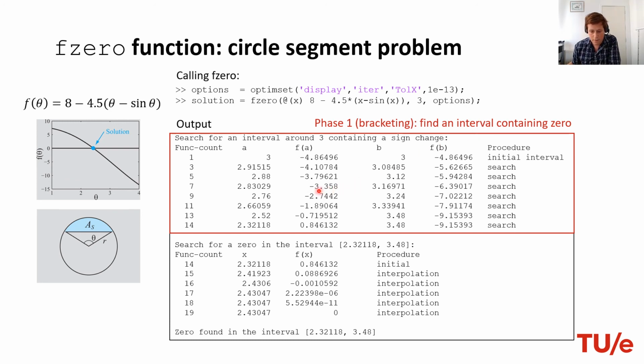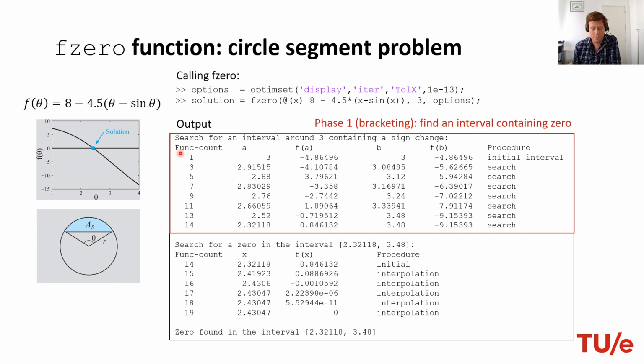And how does it do that? Well, it is provided with an initial guess of 3. And then it says, well, in the initial case, f of a is negative.